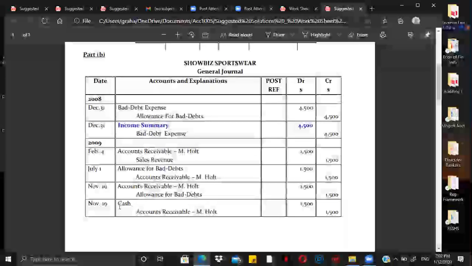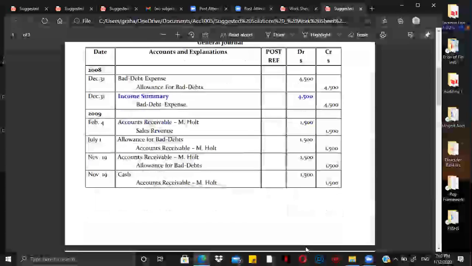So the first thing we do is to reinstate accounts receivable back to the original. To do that now, we have to debit it again because we're trying to make it as it was before July 1st happened. So now we're debiting accounts receivable with 1,500, and we are doing this back again.